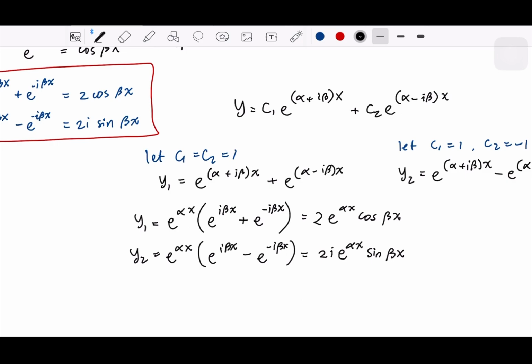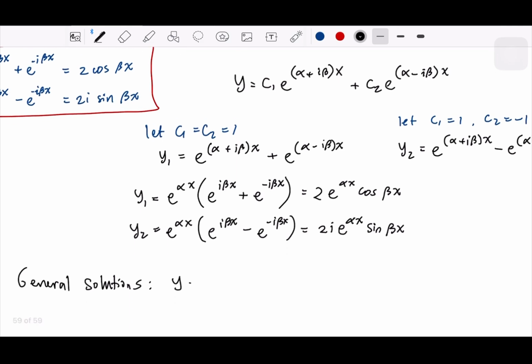And now from this y1 and y2, we could rearrange our general solution. So the general solution, this is y.